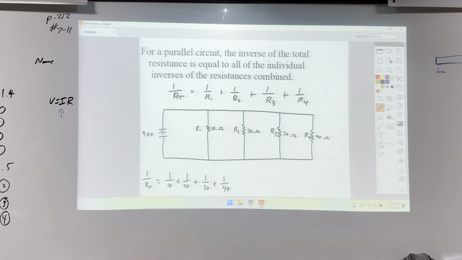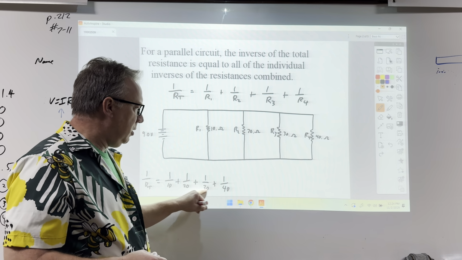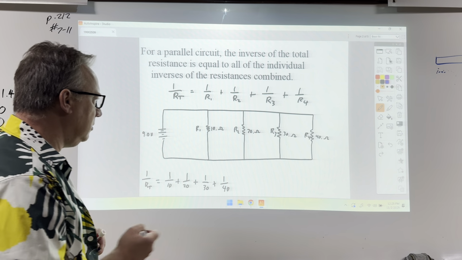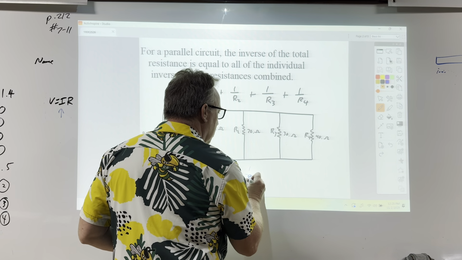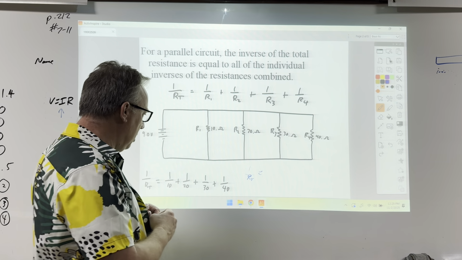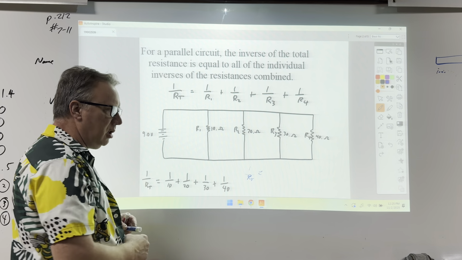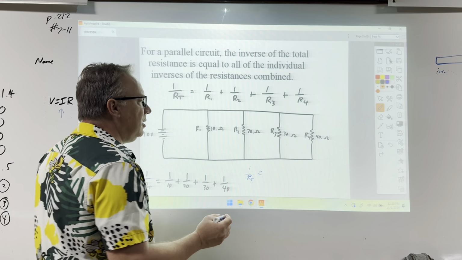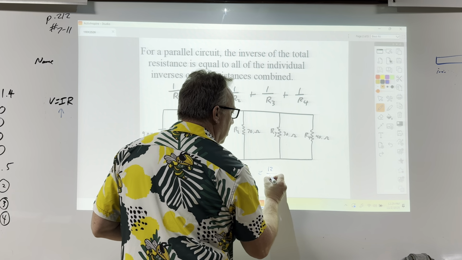Now, if you can get a common denominator that's simple, do all these with a common denominator. So real quick, I'm going to do that. 1 over RT is equal to, my common denominator is 120. So if I have a tenth, I have 12 over 120.